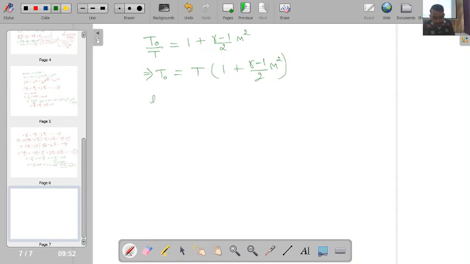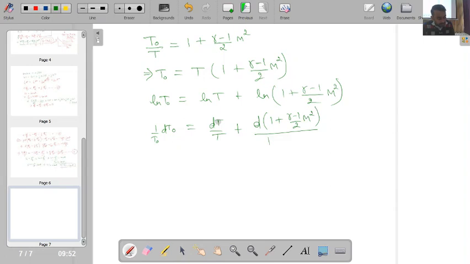If I take the log, ln of T naught will be equal to ln of T plus ln of 1 plus gamma minus 1 by 2 m square, and if I now take the differential, this will be 1 by T naught into dT naught equal to dT by T plus d of 1 plus gamma minus 1 by 2 m square divided by 1 plus gamma minus 1 by 2 m square.